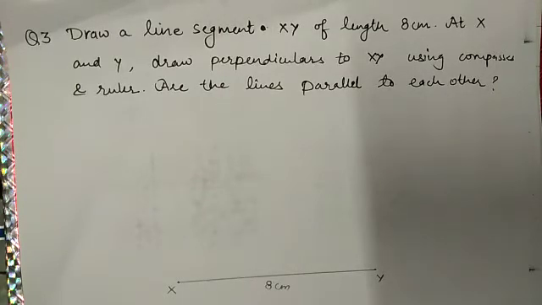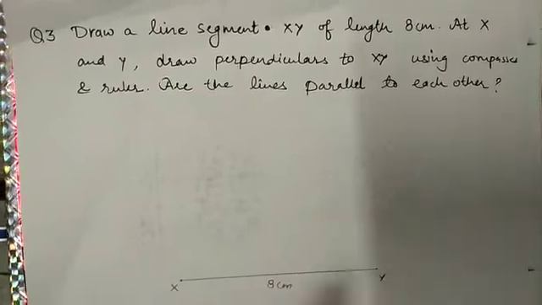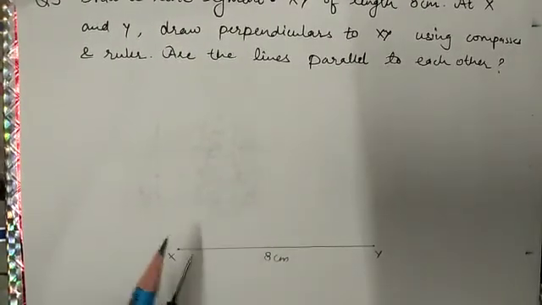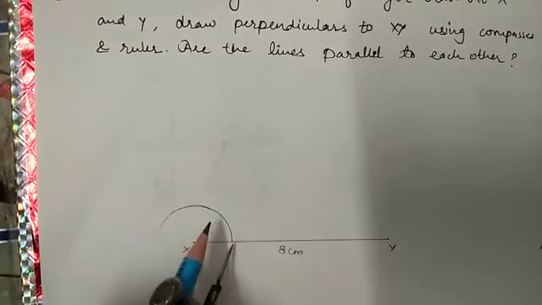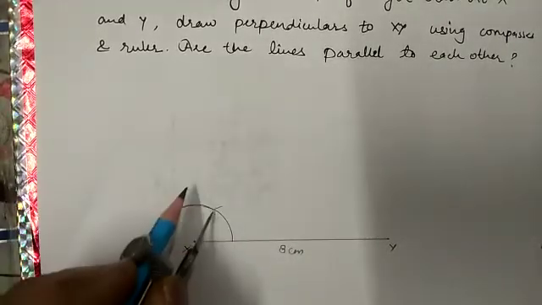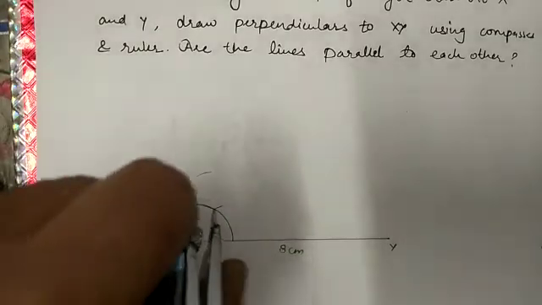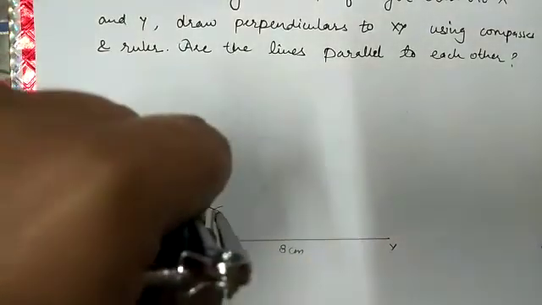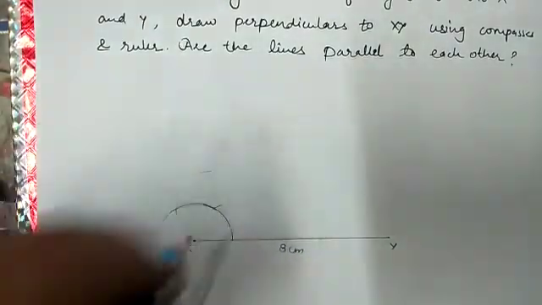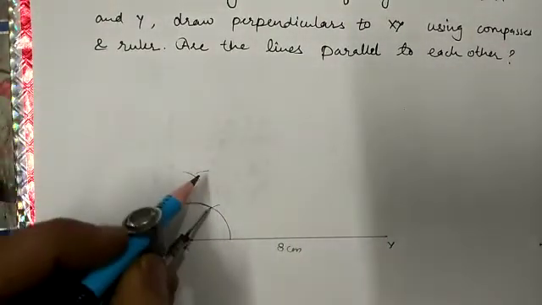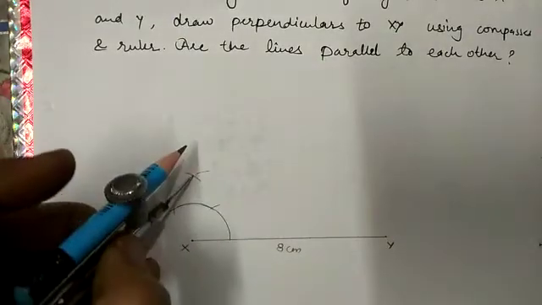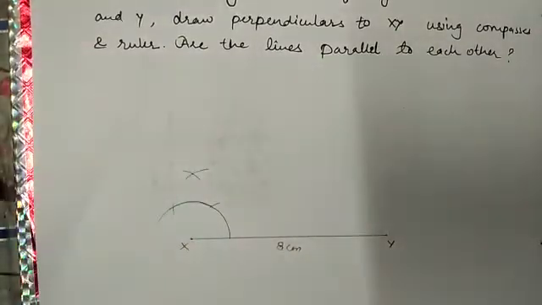That is, we will draw angles of 90 degrees on both X and Y. First of all, at point X, we will draw an angle of 90 degrees. And then at point Y.